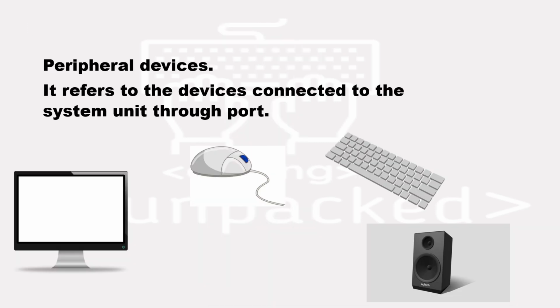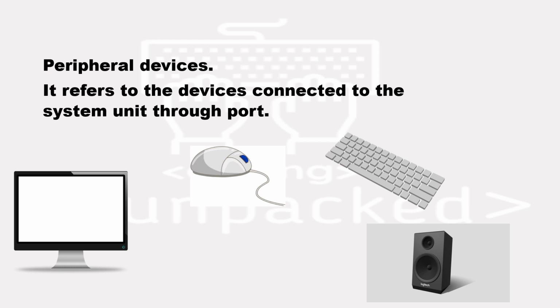Peripheral devices refers to the devices that are connected to a system unit through ports. Remember we talked about a system unit, where we said there is a tower system unit and a desktop system unit. The system unit has ports that enable the user to connect different devices, such as a monitor, a mouse, a keyboard, and a speaker.